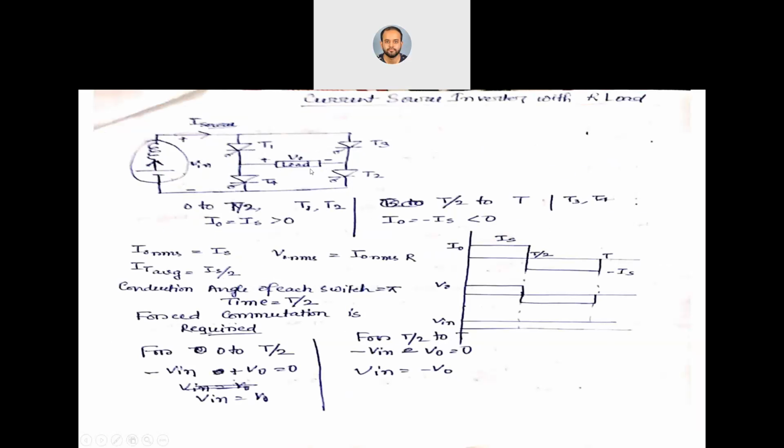For the first half cycle T1, T2 are conducting, from 0 to pi, and then from pi to 2 pi, T3 and T4 are conducting. When T3 and T4 start conducting, T1 and T2 have to be force commutated. That means natural commutation is not possible.